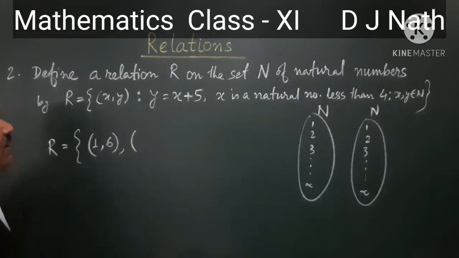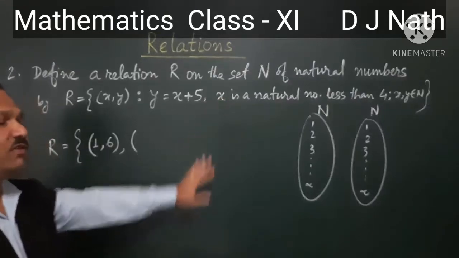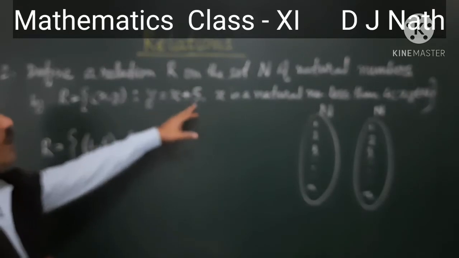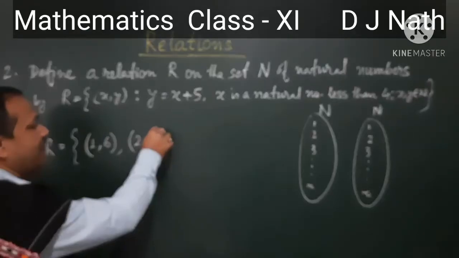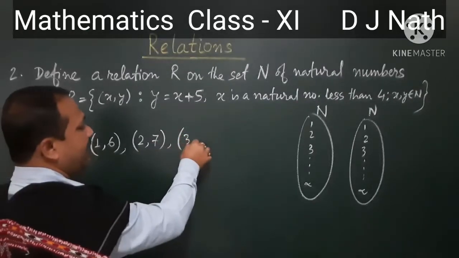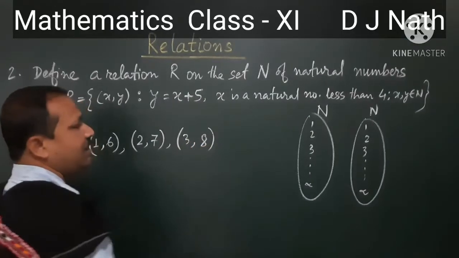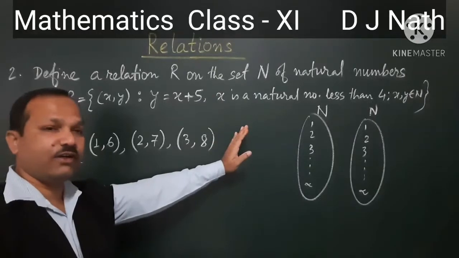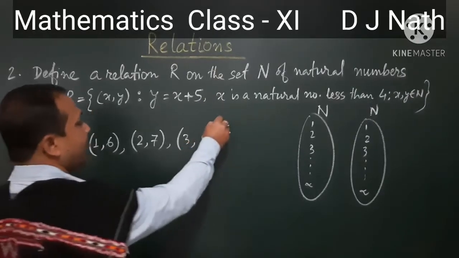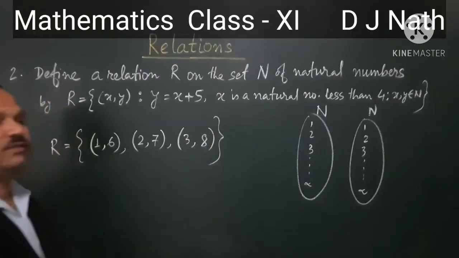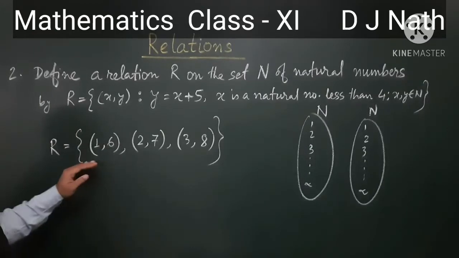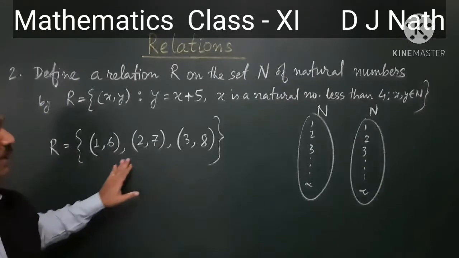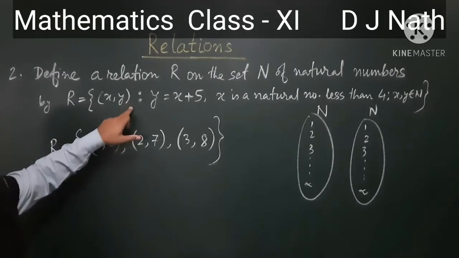Next, x can have 2 also, so 2 plus 5 is 7. Then 3 gives 8. Any more? x is a natural number less than 4, so we cannot write 4. The relation goes up to that much only. Now this relation is written in roster form. This one is set builder form.